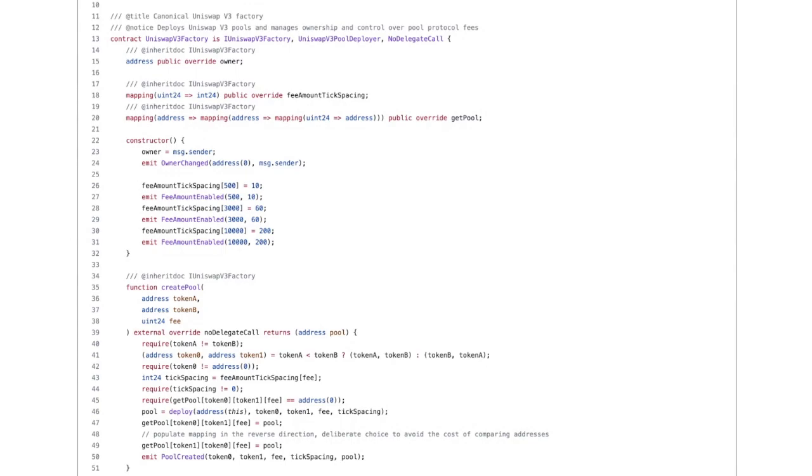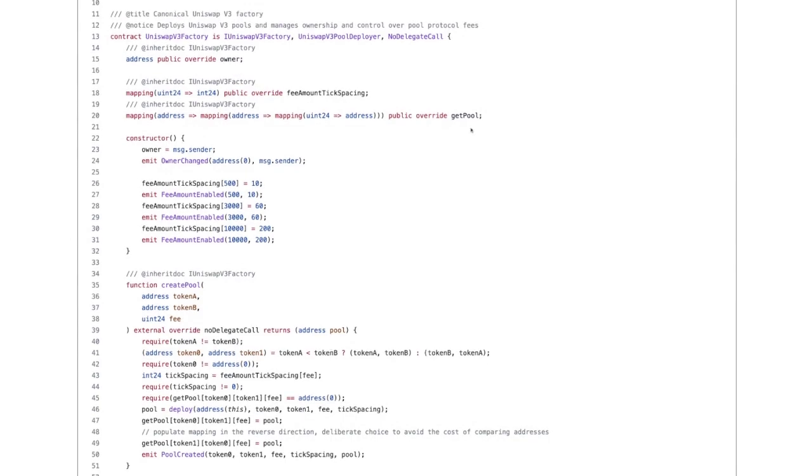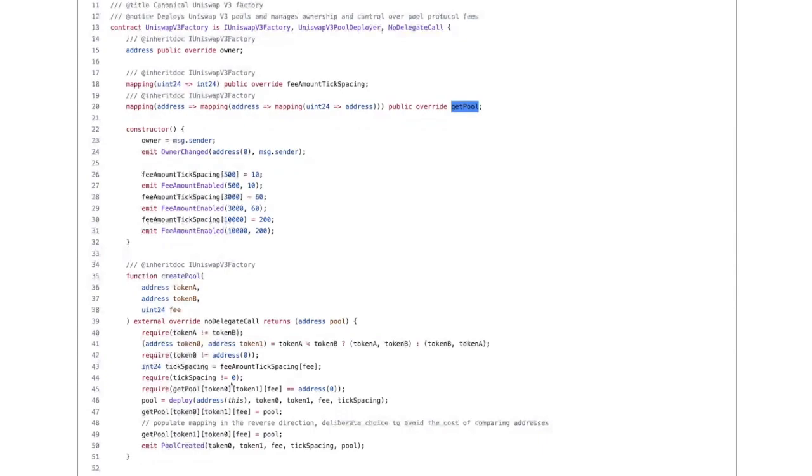Yeah, cool. In getPool, I remember we had something very similar in that Helios episode, where we didn't exactly know what all of these parameters were in this mapping, and then it was more apparent when you look at the code. So here in getPool, you put in the two addresses of your two tokens, token 0 and token 1, and then this uint24 is your fee.